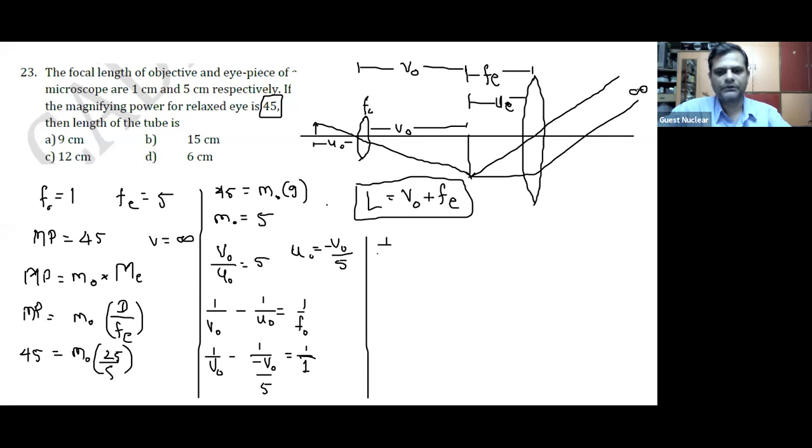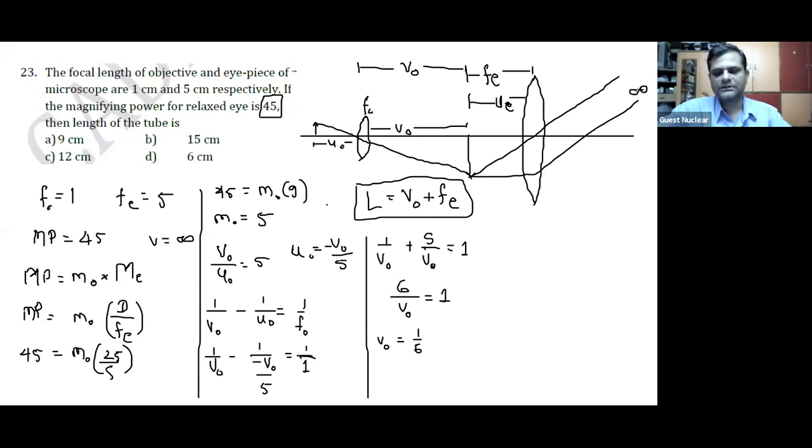So it will be 1 upon VO, then plus ये 5 ऊपर चला जाएगा और हमको मिलेगा 5 by VO, which is going to be 1 exactly. So that we can get this 1 plus 5 मतलब 6 upon VO is going to be 1, means VO must be actually 1 by 6, right? So this is the value of VO here.